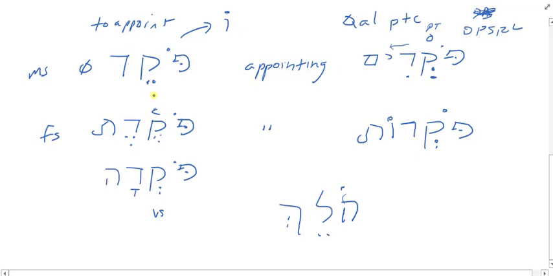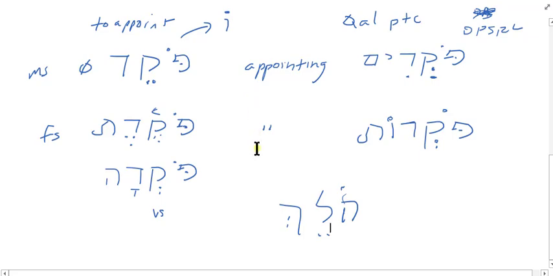Unchangeable. Okay? But the tsere is changeable, and that's why it can go down to vocal shva in these forms. Okay? So repeat after me. Pokad, pokedet, and then alternately pokada, pokadim, pokadot. All right, so I'm going to remove all that stuff there. Okay, so those are the forms of the participle.